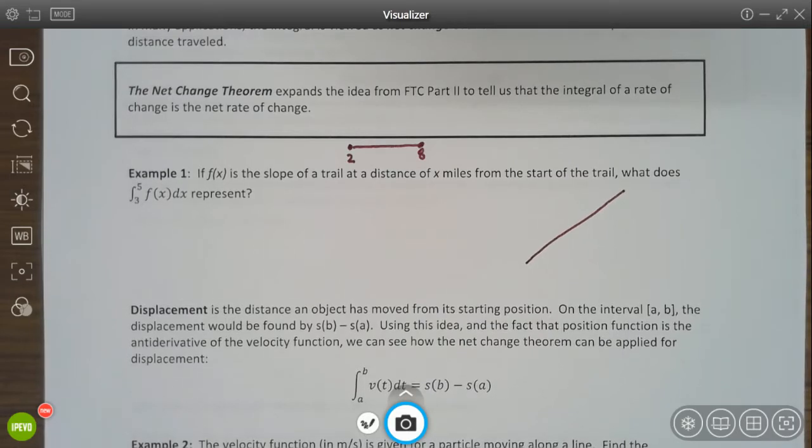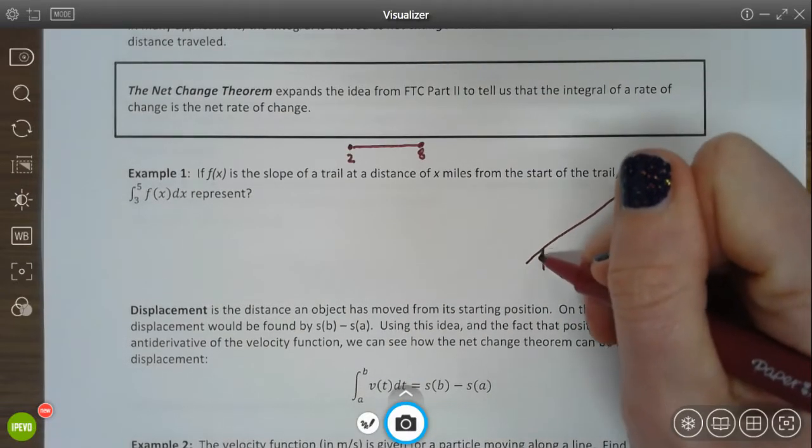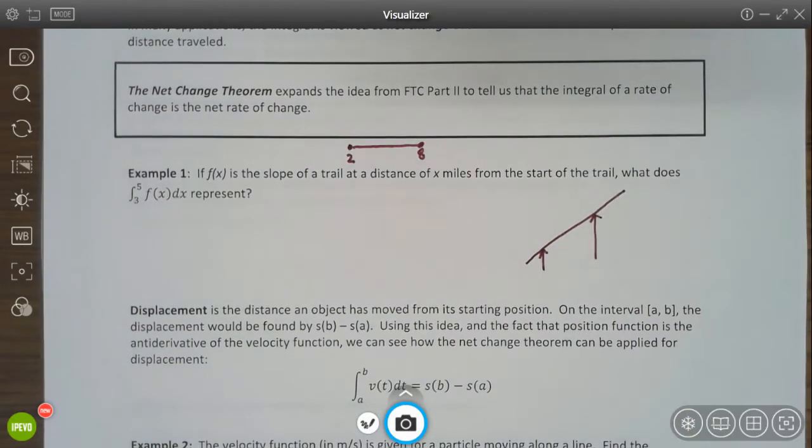So if I'm looking at the slope of the trail from 3 to 5, I'm looking at the change in elevation from 3 to 5. And so I'm looking at the net change.